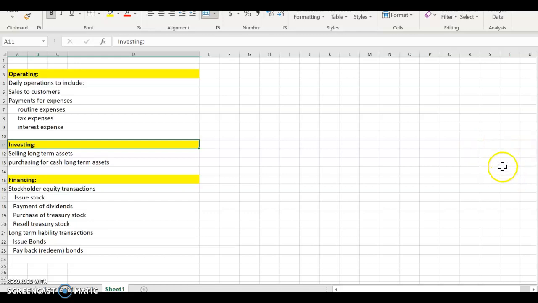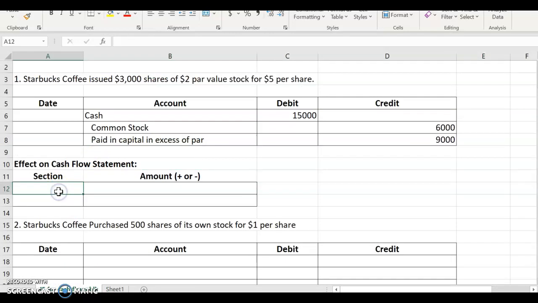It's very simple to figure out with investing and financing what to do. If it makes cash go up, it's an increase, and if it makes cash go down, it's a decrease. So here cash went up. So we are talking about a financing activity, and this is an increase.